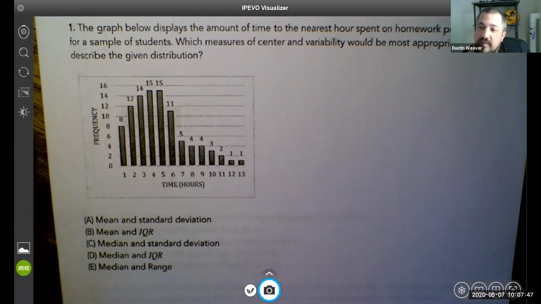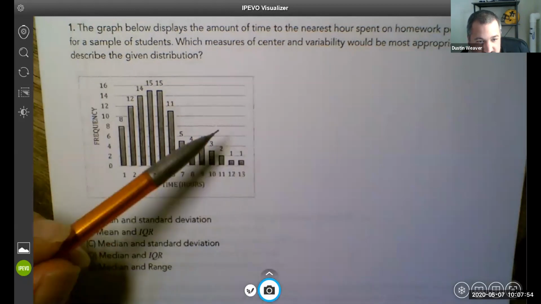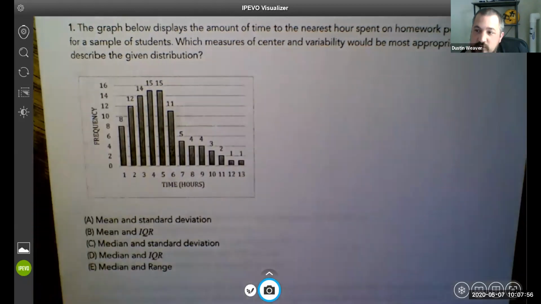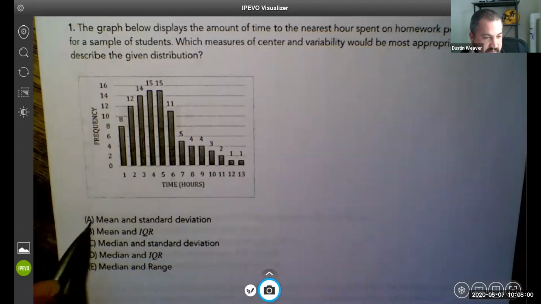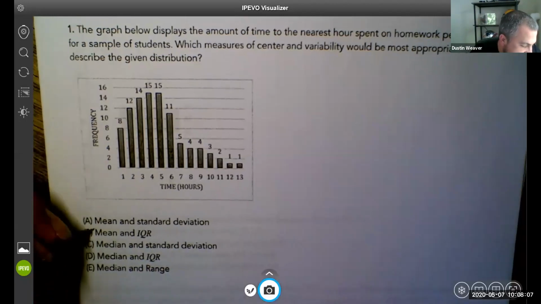Yes, Mary. So the median and the IQR. Remember, if it is approximately symmetric or approximately normal, then we would want to use the mean and the standard deviation. So B is never going to be the answer.